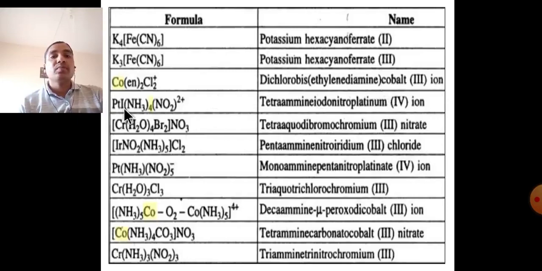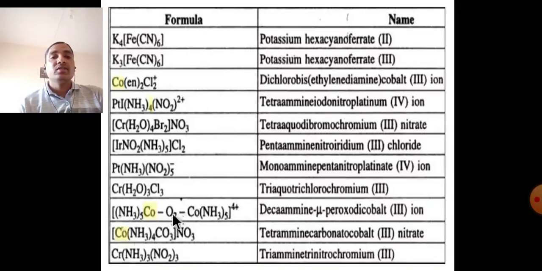In this example, tetraammine iodo nitro platinum(IV) ion. In this complex, tetraaqua dibromo chromium(III) nitrate. Here is a bridging ligand.